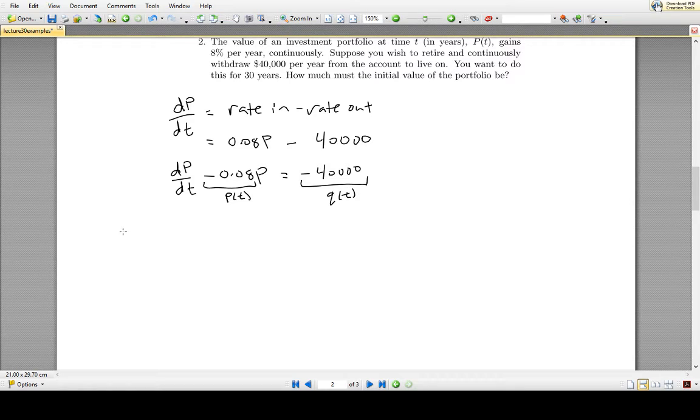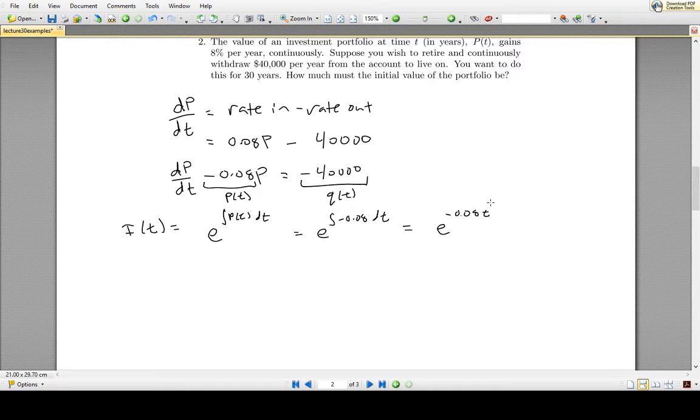Knowing this, I can calculate the integrating factor, which is equal to e to the integral of p of t dt, and that's e to the integral of negative 0.08 dt, which is equal to e to the negative 0.08t.